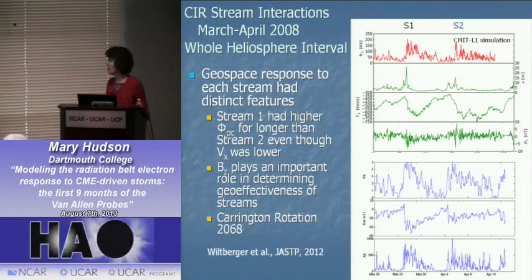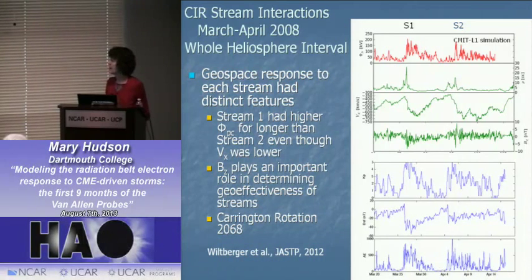We studied collectively, the whole CISM multi-team studied, the WE interval, which I know was an interval studied by a number of people here. That was a period in March to April 2008 where there were two high-speed streams that you see here. The solar wind velocity is plotted negative because we're very Earth-centric in the magnetosphere. So this is a high-speed stream, this is a high-speed stream, and there you see the compression of the density ahead of the high-speed stream.